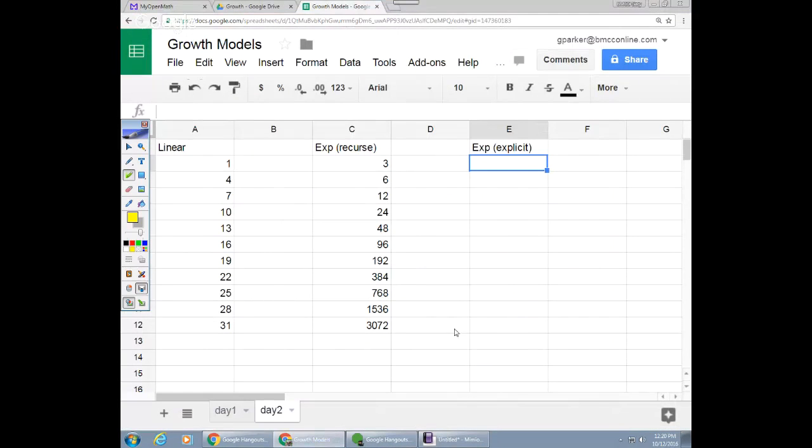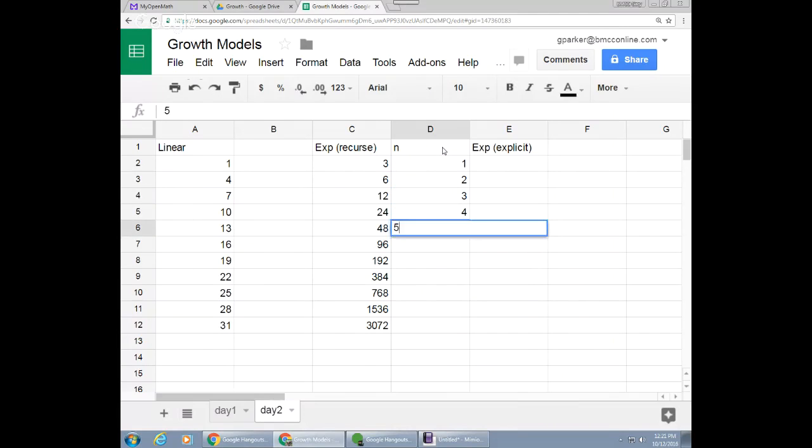Do I have a list of numbers on the screen that go 1, 2, 3, 4? Answer is no, I don't. So in order to use the explicit formula on a spreadsheet, you also have to type your values for n. So I would have to have a column here that goes 1, then 2, then 3, then 4, then 5, then 6, and so on. Once I have those, then I can tell it the formula.